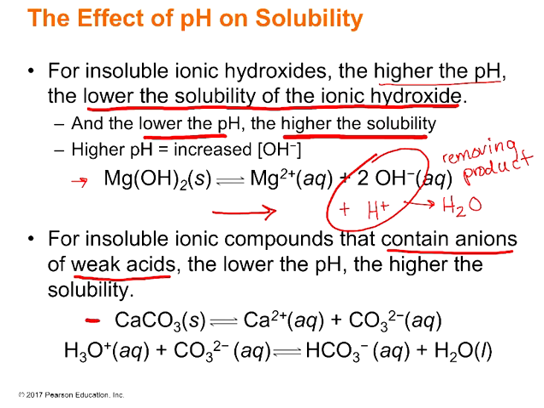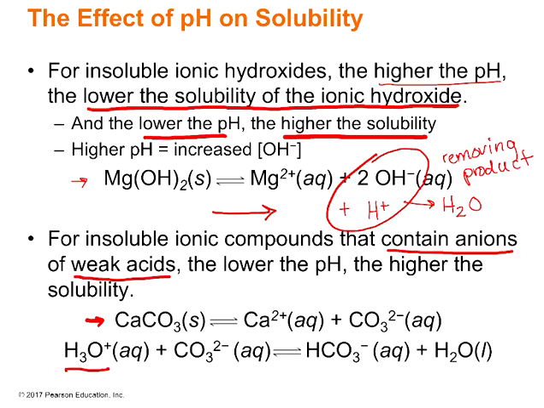So one example is calcium carbonate. And this is something that's found in things like Tums, so it's kind of a chalky substance. And it can dissociate a little bit into calcium ions and carbonate ions. But if we want to encourage calcium carbonate to further dissolve, we need to add acid.